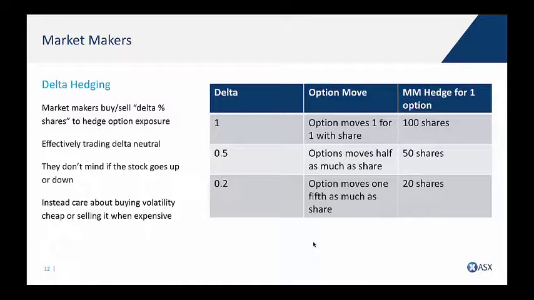I also like to think about delta in terms of whether the option is in or out of the money. An in the money option, where if we exercised we're actually making money at that particular point in time, tends toward a delta of 1. An at the money option tends towards a delta of 0.5, and an out of the money option tends towards a delta of 0.2 in this particular case.